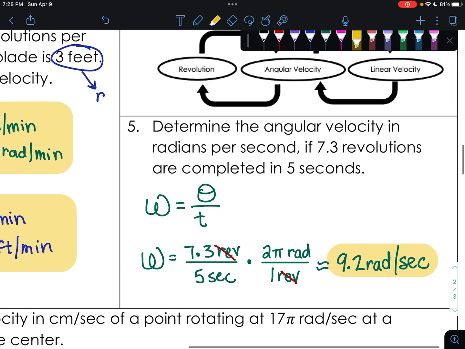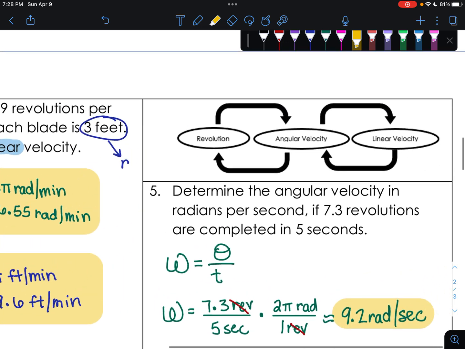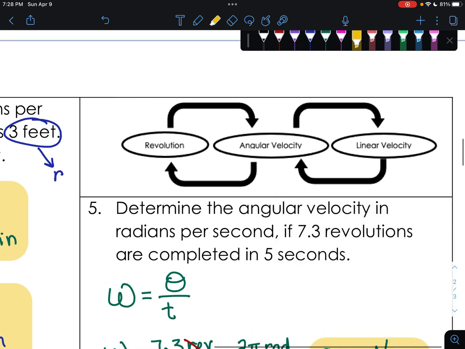So now, what I hope you gain from those 2 examples is that you're able to see the pattern. If you're given revolutions and you want to go to angular velocity, all you have to do is multiply by 2 pi.